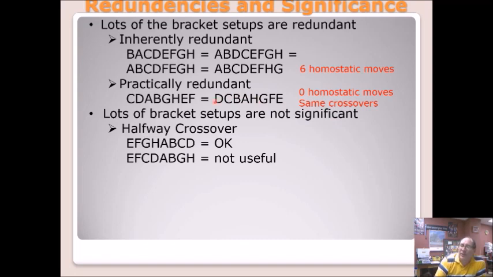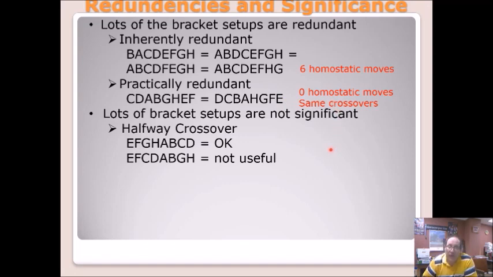And the reason is because if you look at the transitions that have occurred here, there's no homostatic transitions to the back, and so that's the first thing. And the crossovers that occur are actually all the same as well, except these within this group of DC here, and I don't think those are important, and so otherwise it's pretty much the same. So these end up being practically the same, so we don't have to worry about them.